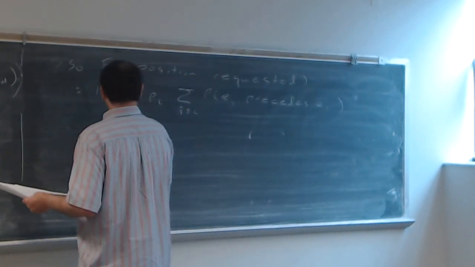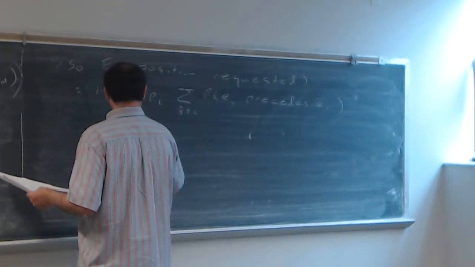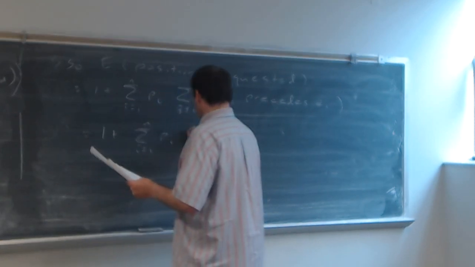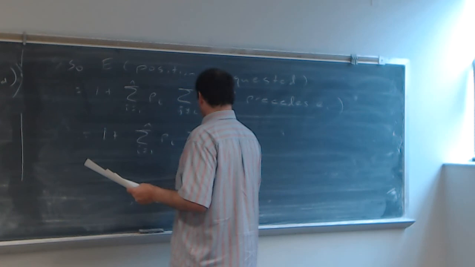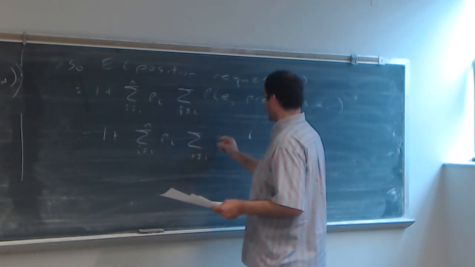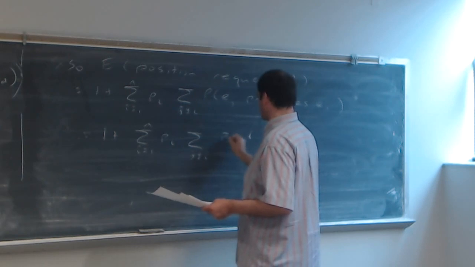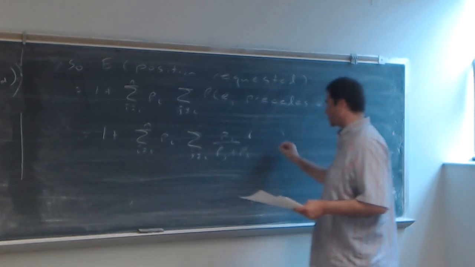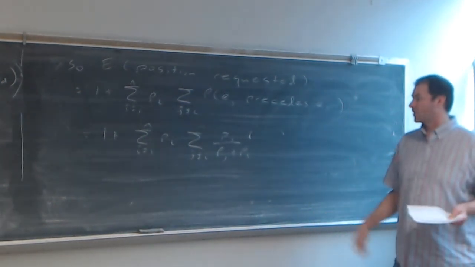So that's 1 plus the sum as I runs from 1 to n of p sub I, and here, this is the sum as j is different from I, that's always j being different than I. And here, this guy was nothing more than p sub j over p sub j plus p sub I. And that's as far as we can go. So that's our answer.